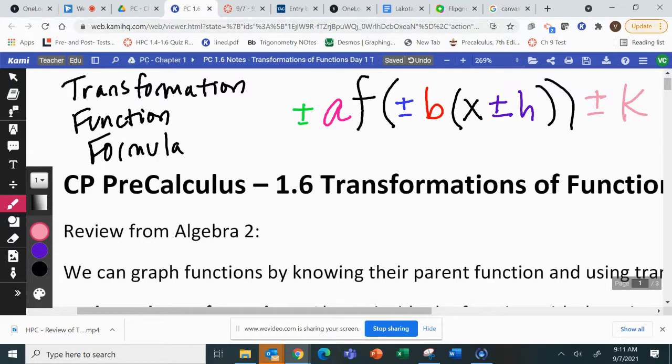Okay, the crazy long, just way too many letters formula. Yeah? This represents a function with all the possible transformations you could ever have on a function.